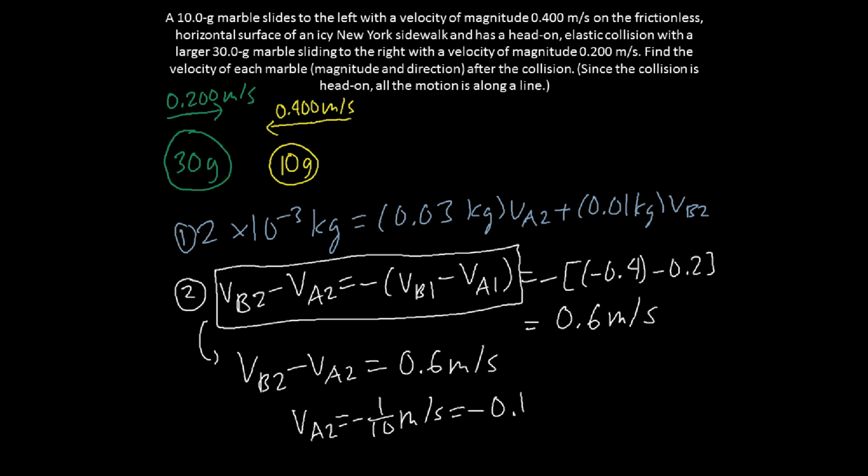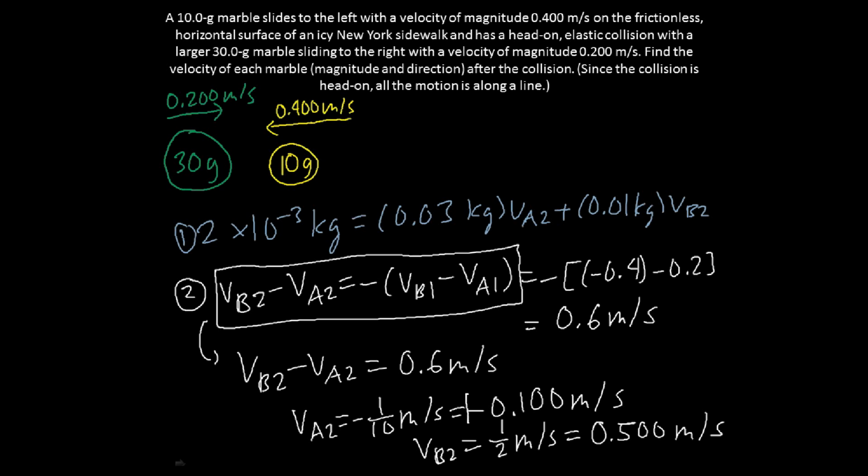Now we're going to write this as negative 0.100 meters per second. Then VB2 will be equal to 1/2 meters per second, and when you convert that into decimal places, it will give you 0.500 meters per second. So these are your answers for this problem.